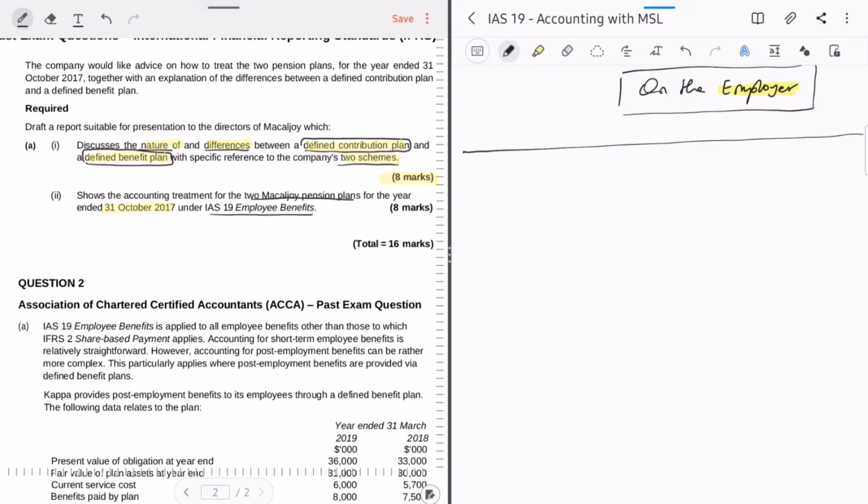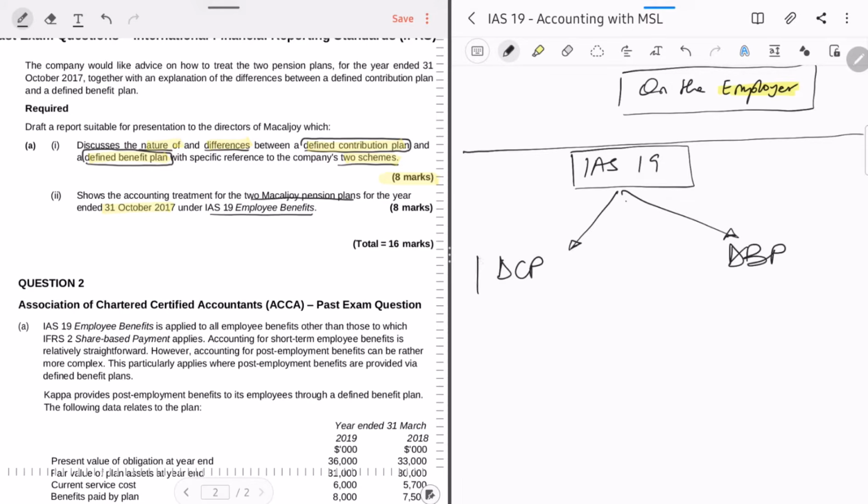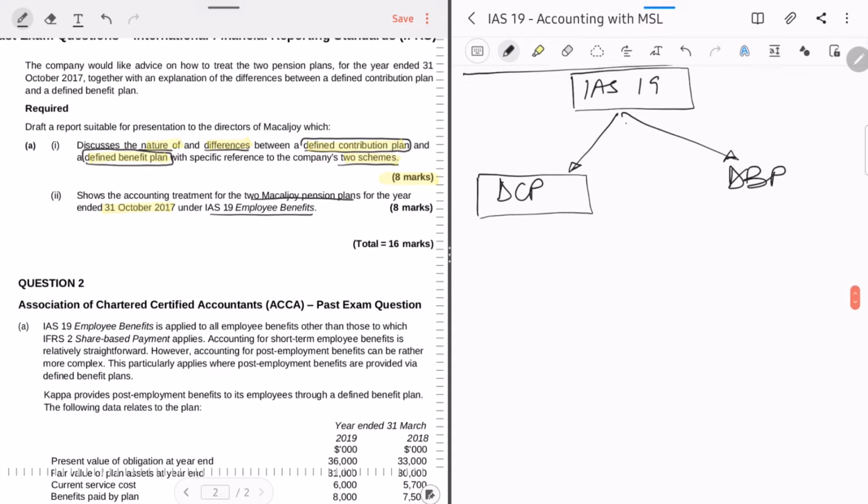So once again, we have IAS 19, right? We know there's something called a defined contribution plan. We know there's something called a defined benefit plan. Defined contribution plan is the easiest to account for.